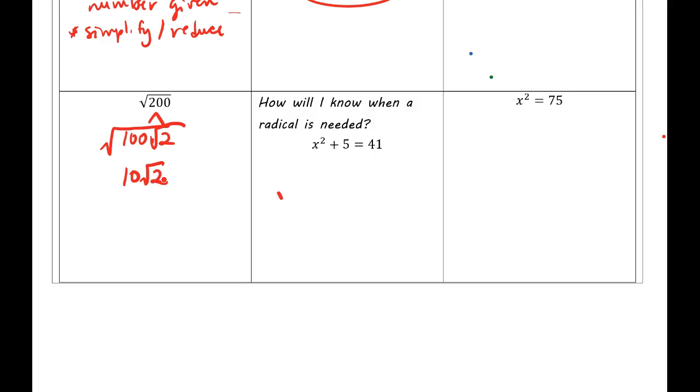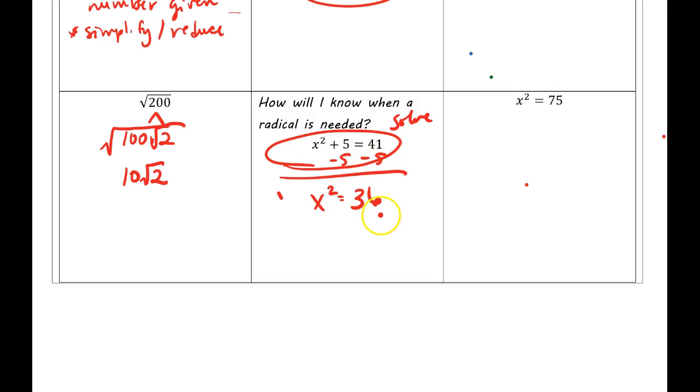Okay, so the next box is going to lead you into what you're going to look for in geometry to let you know, oh, I'm supposed to be doing that radical thingy. Okay, well, here's how you're going to know. If you're in the middle of a problem and they tell you to solve, or you're supposed to be solving and getting the x by itself, then you'd probably start off with your algebra and you'd move the 5 to the other side. That's 41 minus 5, I think that's 36.